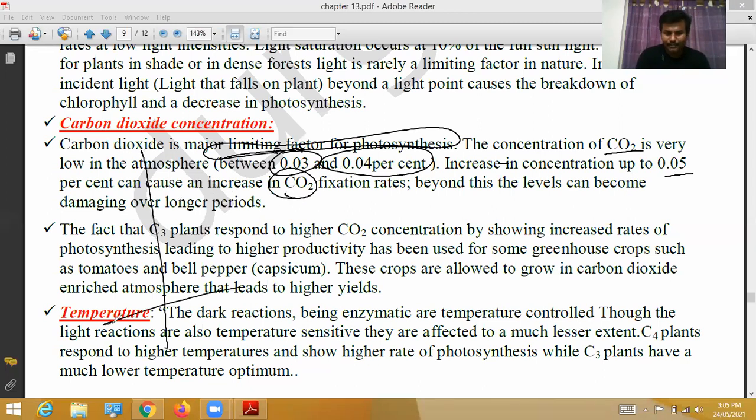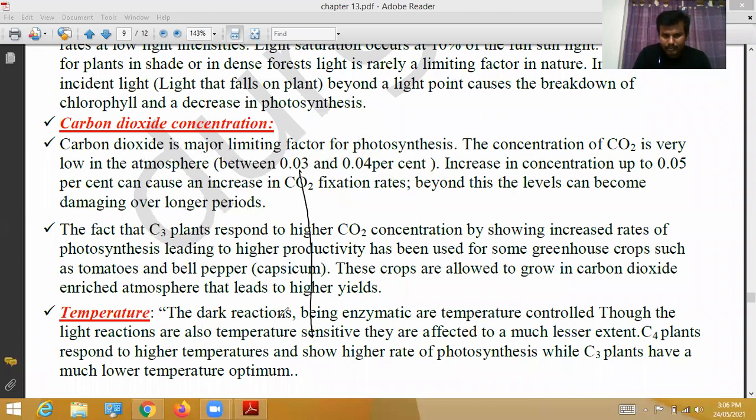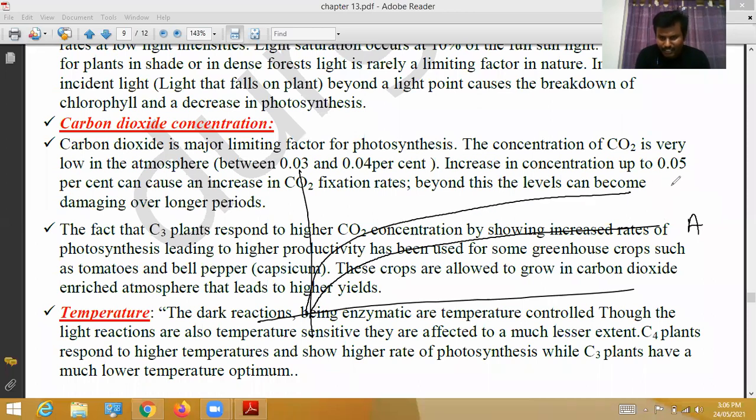If carbon dioxide concentration is initially increased, no problem, the rate of photosynthesis increases a little bit. Experiment A, experiment B, experiment C: carbon dioxide concentration is increased. In experiment A, the concentration is increased a little bit. When it is increased still more, nothing happens, at 10%, 15%, 20%.